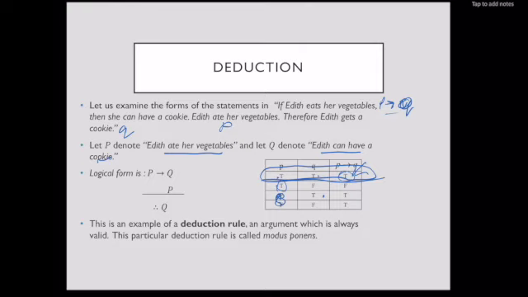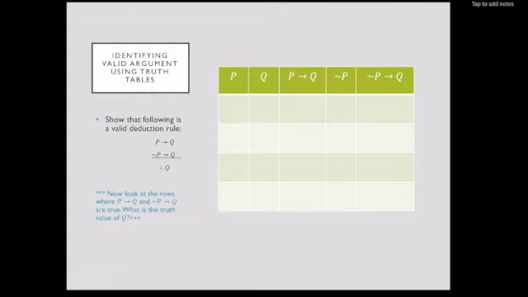Let's take a look at another example. Let's identify this argument as valid: P implies Q, not P implies Q, therefore Q. I want to look at the rows where P implies Q and not P implies Q are true and figure out the truth value of Q. So I've got true, true, false, false, true, false, true, false for P and Q. P implies Q is true, false, true, true.